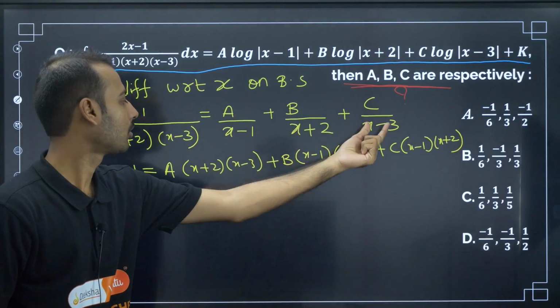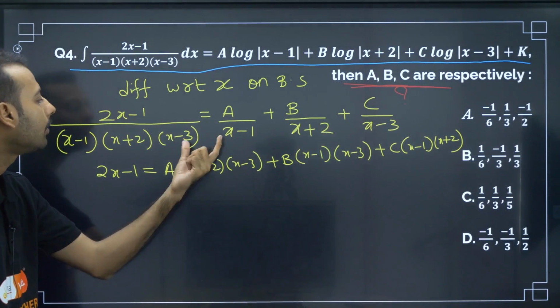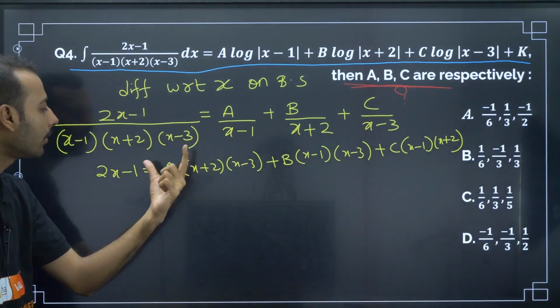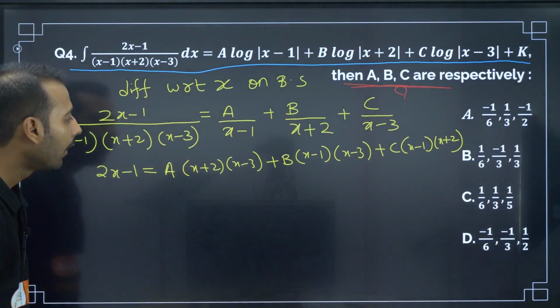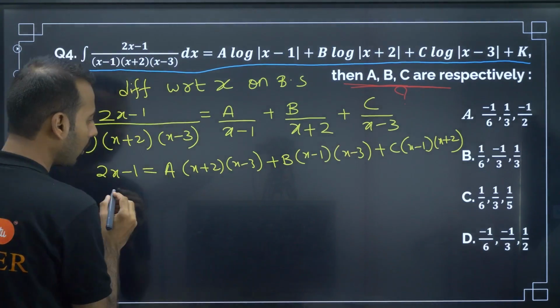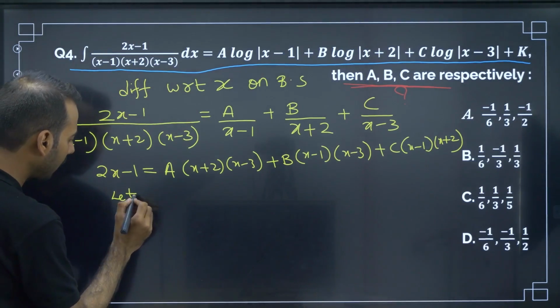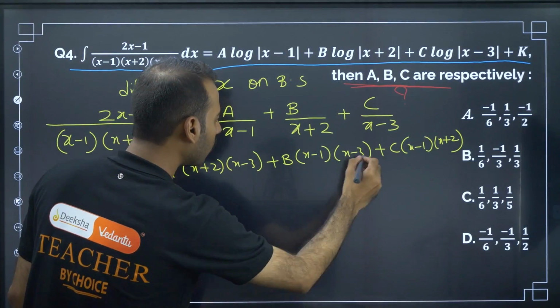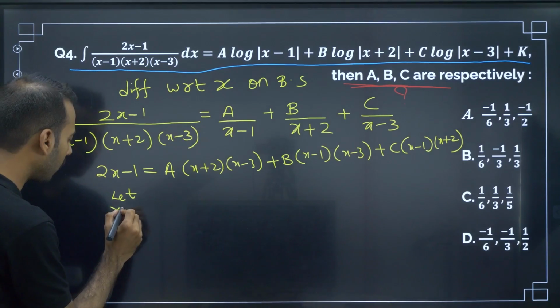After taking LCM, I am cancelling the denominator x minus 1 x minus 2 x minus 3 on both sides, and this is the equation obtained. Now we want the a, b, c values. Let x is equal to 1.